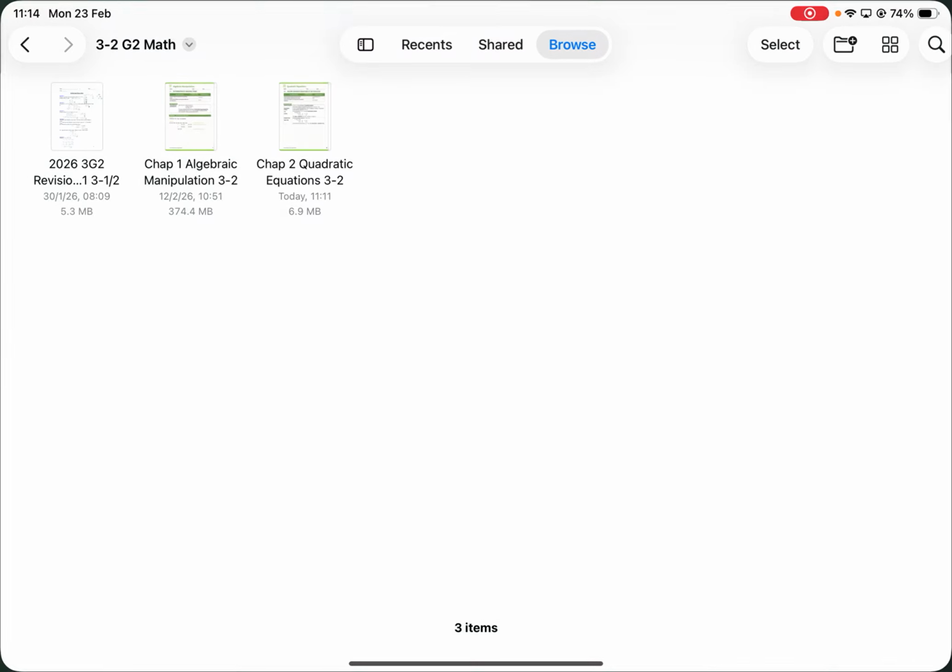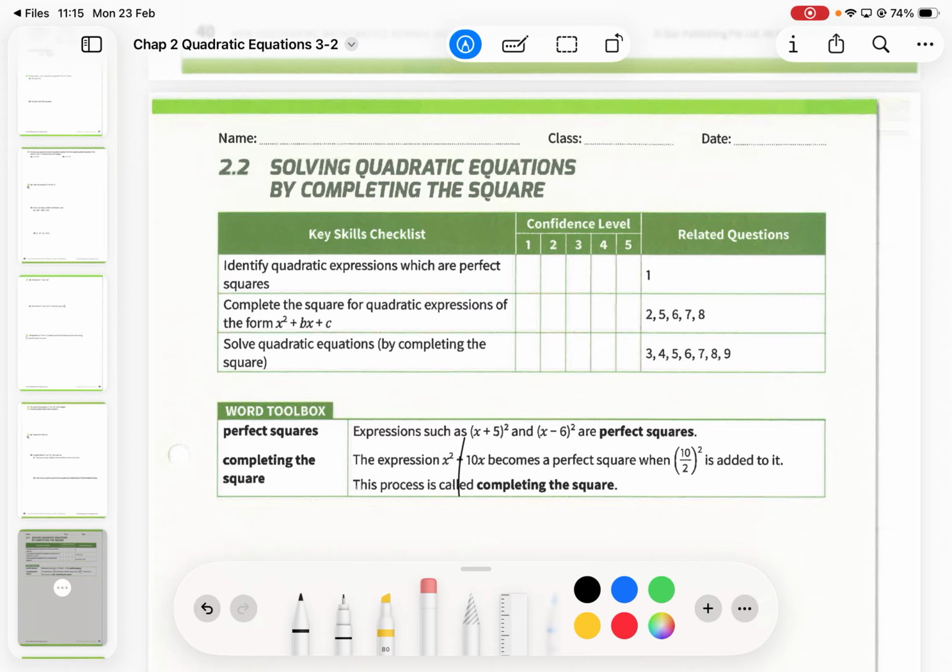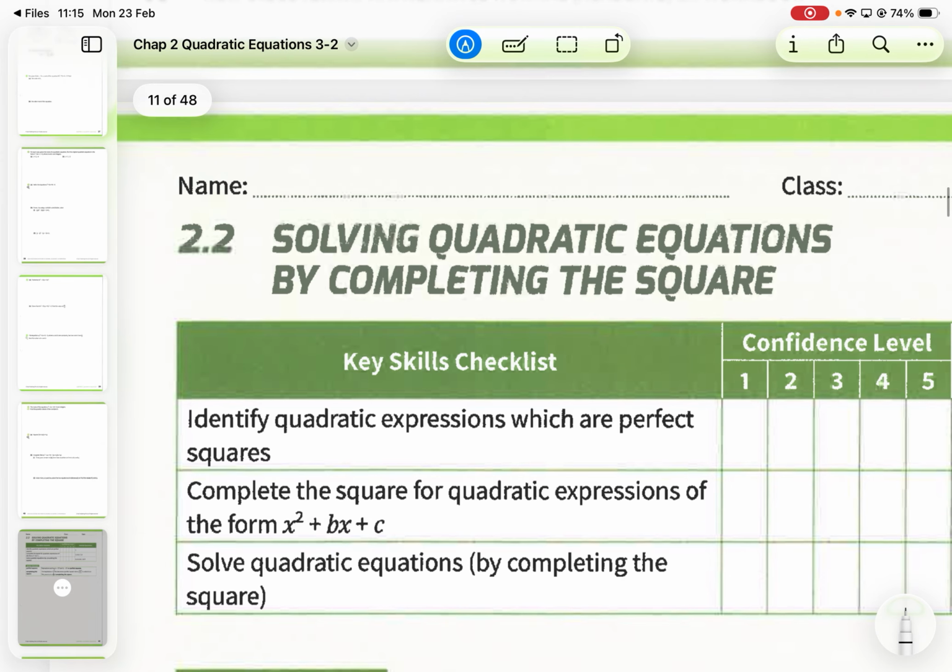And this new way is completing the square. Okay? We don't need to factorize into 2 brackets. In fact, we have done this in our 2.1 also.